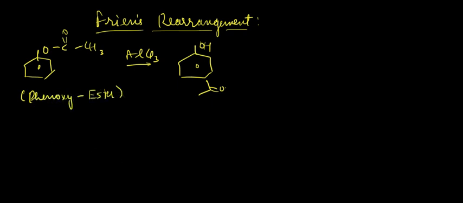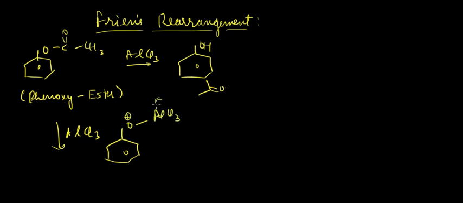So what happens here is, first we pass AlCl3 on it. So in the first step, obviously we'll be getting something like this: O plus AlCl3 minus and C double bond O CH3 here. Next, what will we be getting?